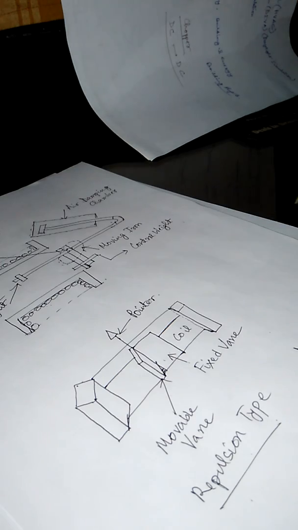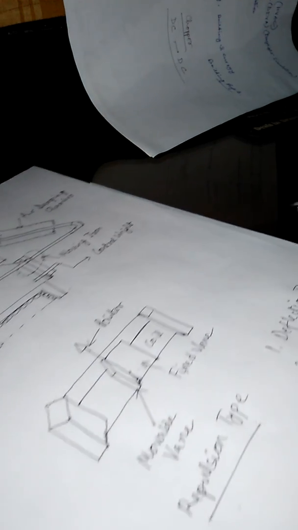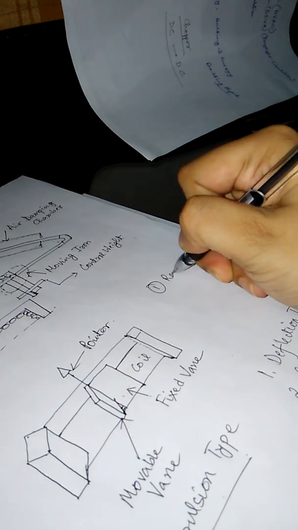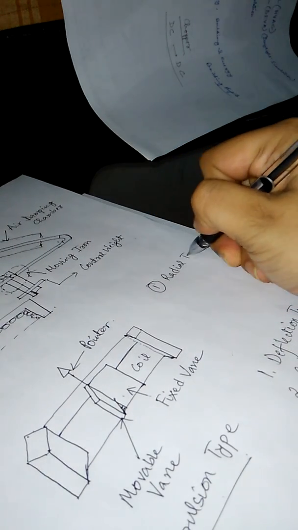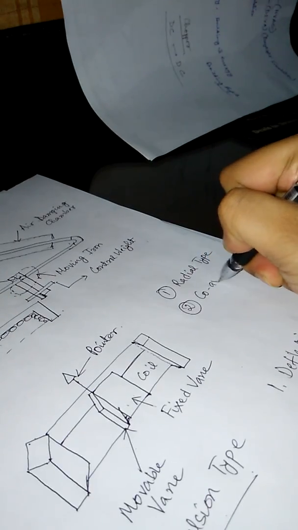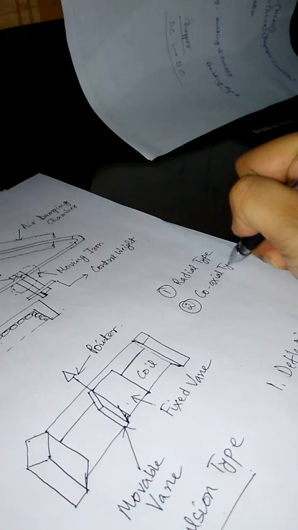Now, in the repulsion type of moving iron instrument, there are two more categories. One is the radial type, another is the coaxial type.